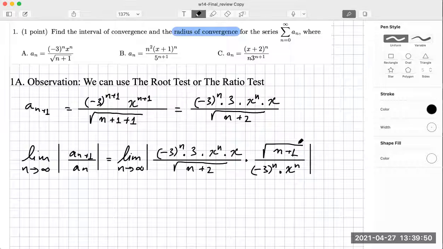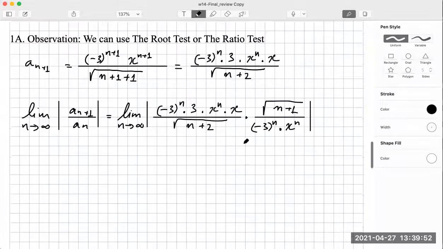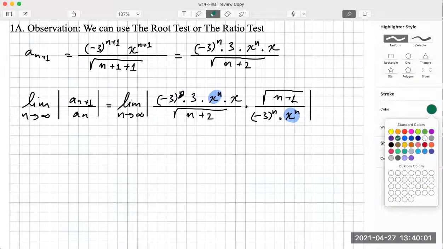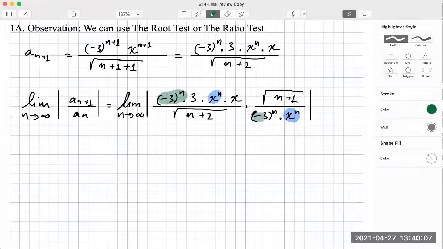Okay, now look at this. Both numerator and denominator have this term, so they cancel each other. Same case here, negative 3 to the n, and here we have negative 3 to the n, right?